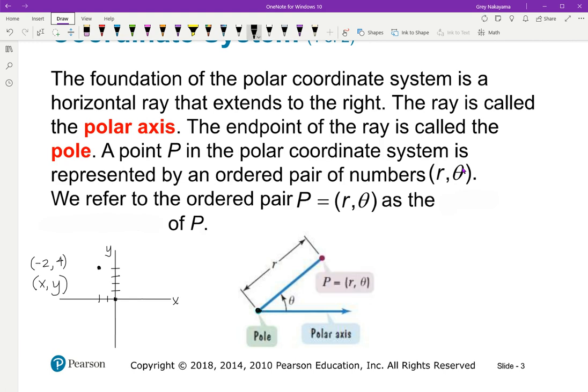There's my point, r theta. Y'all, we're back to always measuring from the horizontal. The only time we did the vertical is if we had the word bearing, and we're not going to have that in this chapter. So you have your polar axis, you have your theta, and then you have your length, the distance the point is from the pole, and that is your r.